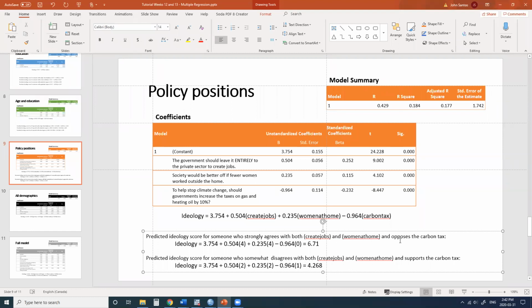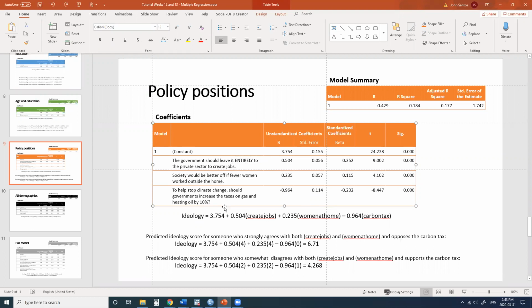And they oppose the carbon tax, which is 0 for this question, right? So this would be the most right-wing person in the sample, right? So maximum values for both of these questions, and then the minimum value for this question, which, because it's subtracted, means it's higher up on the scale, right?